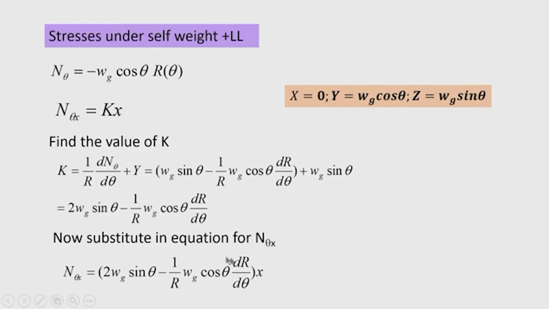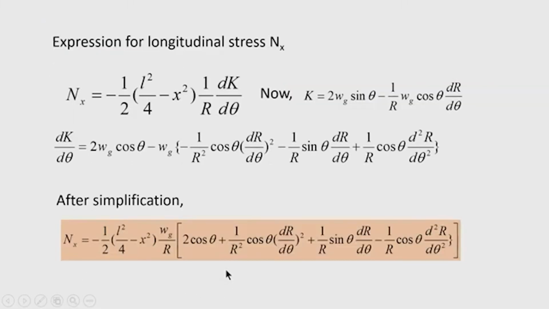These quantities depend on theta, and W g is a constant. So at any meridional angle, N theta x varies linearly with x, as noted from this expression.